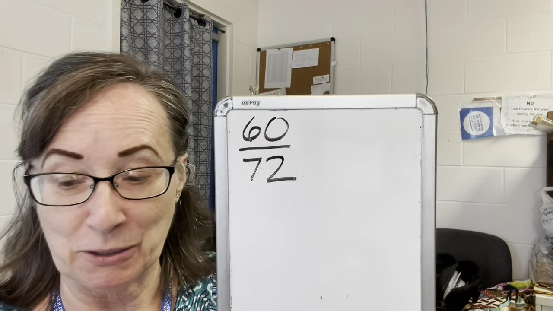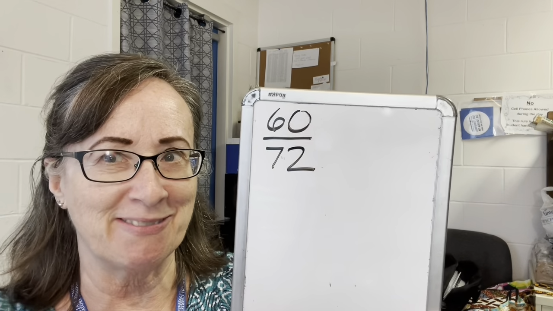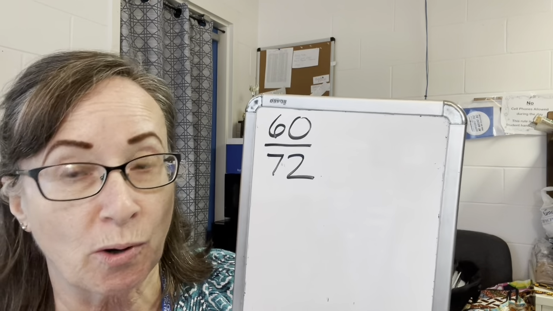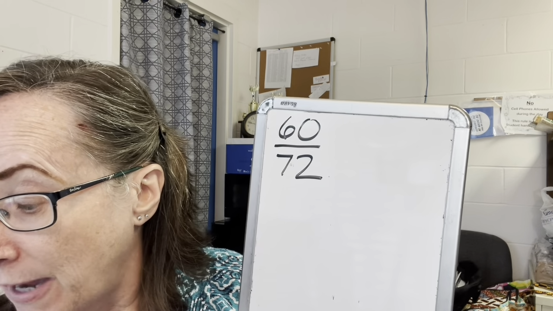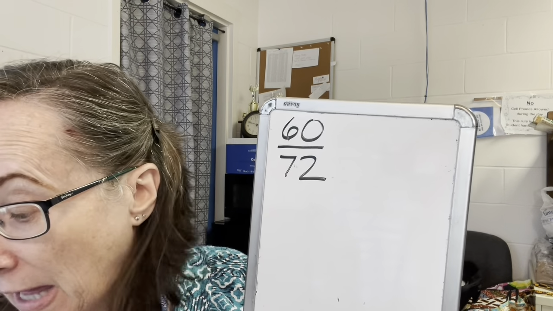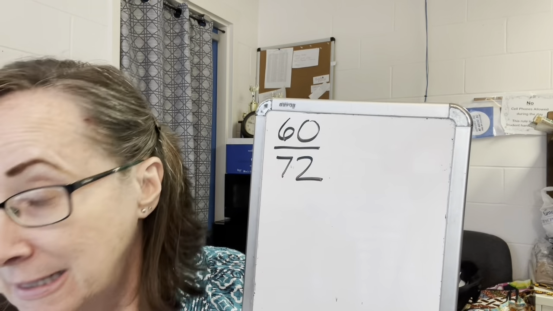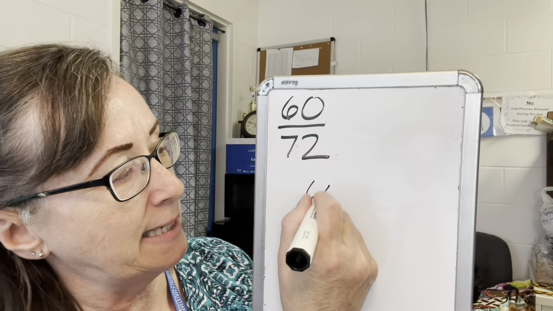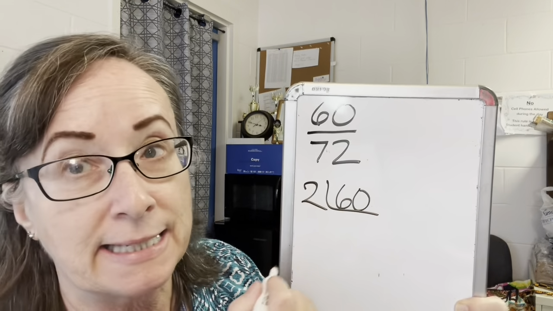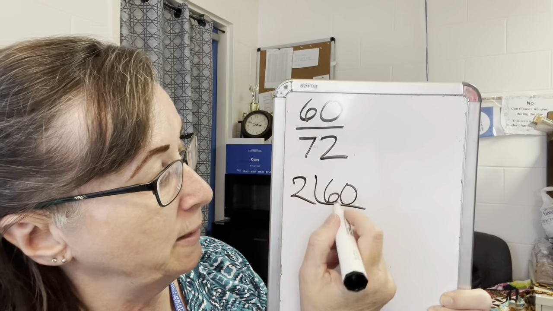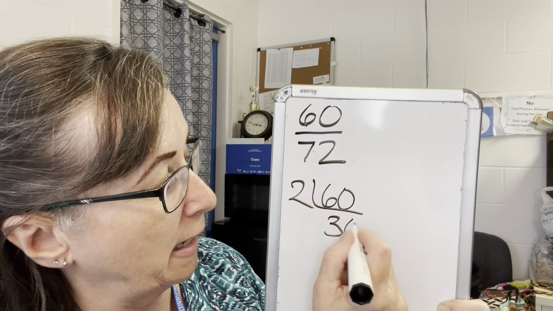This one is a fun one to finish up our video with. We're going to use prime factorization. This is number 5 in your book. Using prime factorization, simplify 60 over 72, show your work. So we're going to take 60 and we're going to prime factor 60. I know that 60 has a 2 in it, so 2 into 60 goes 30 times.